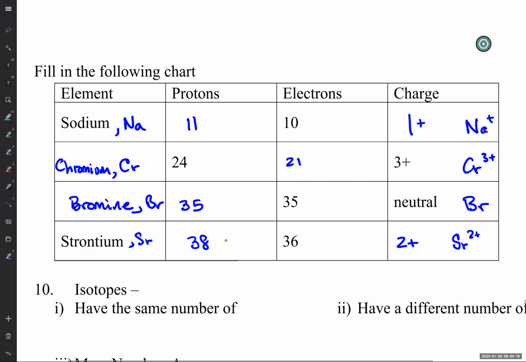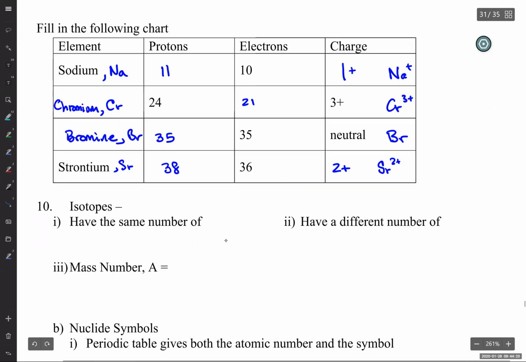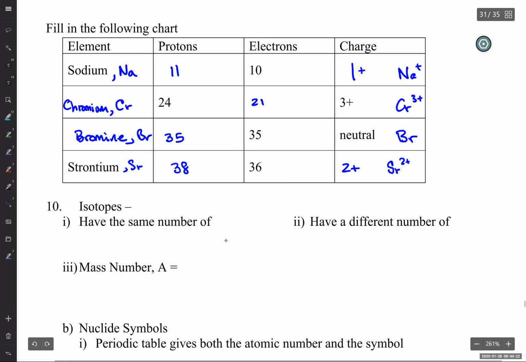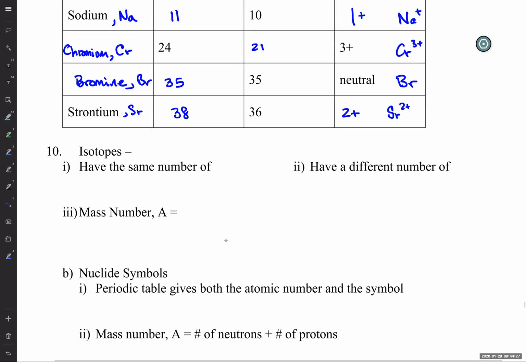Now, we'll talk a little bit about what happens when you change the number of neutrons. Isotopes have the same number of protons, so protons are the same, but they have a different number of neutrons.